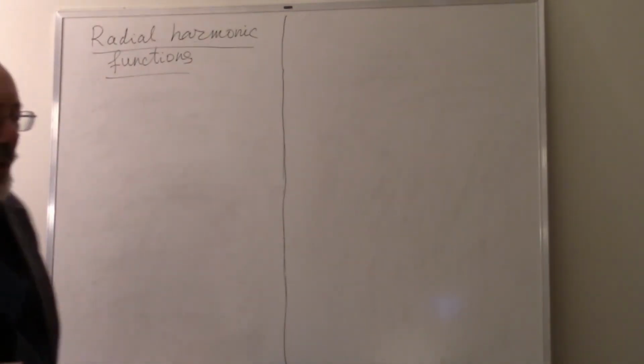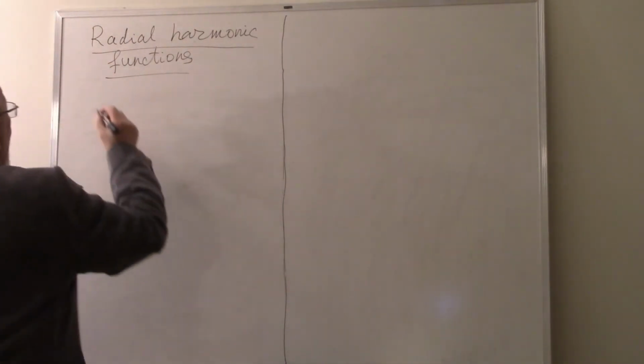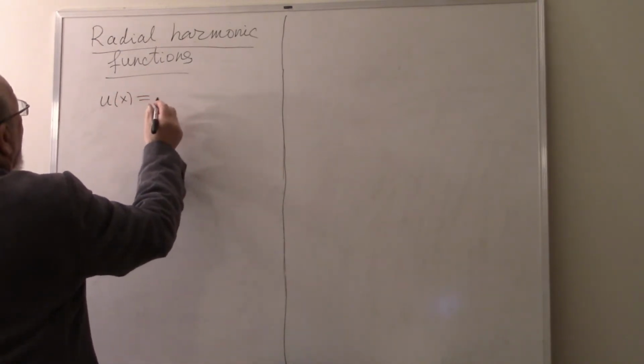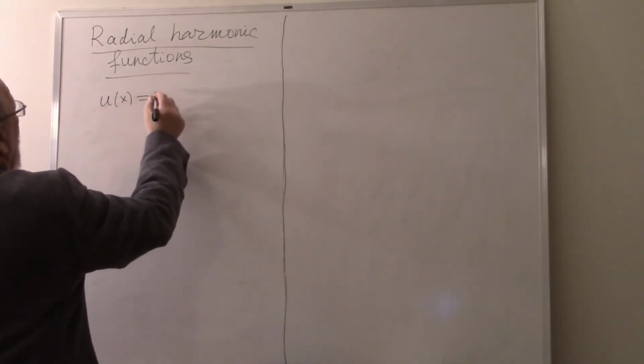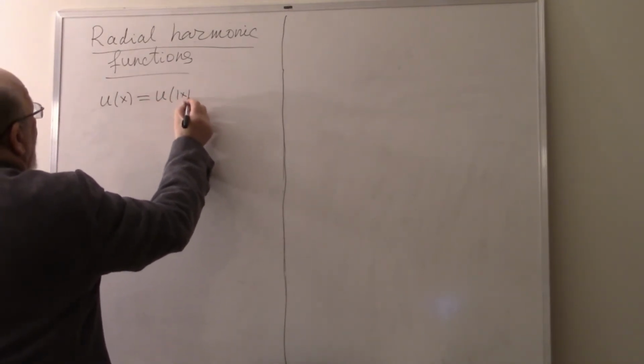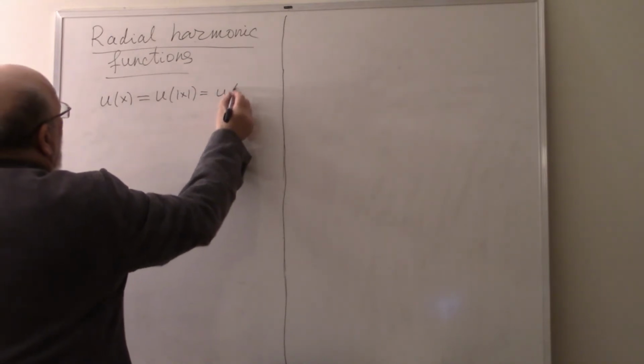So it is a harmonic function in n-dimensional space u of x, which depends only on the modulus of x. u of |x| equals u of r.